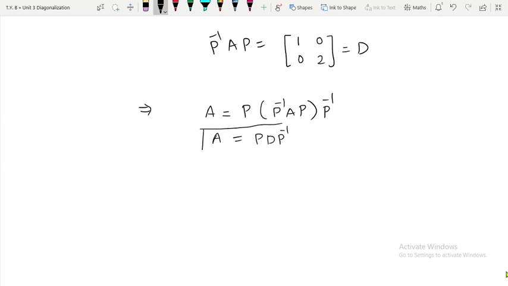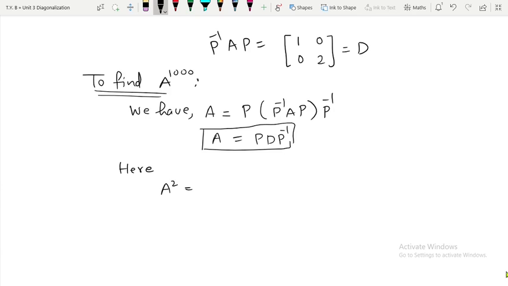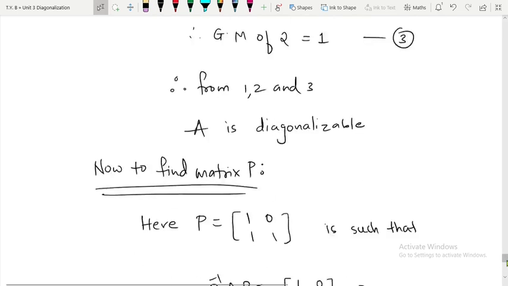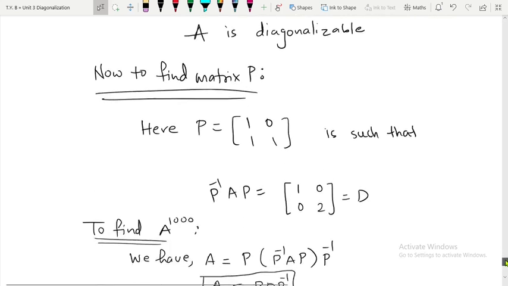Now you have to find A raised to 1000. How to do it? Here, what will be A square? A square will be PDP inverse multiplied by PDP inverse, because it will be A multiplied by A. And P inverse P is simply I, so it will be PD square P inverse. If you continue in this way, what will be our A cube?